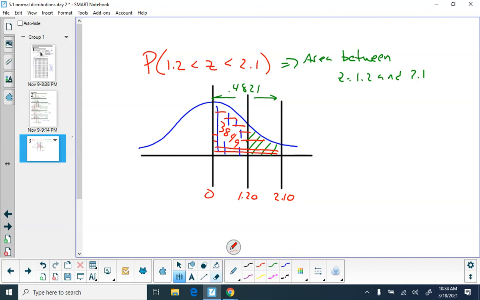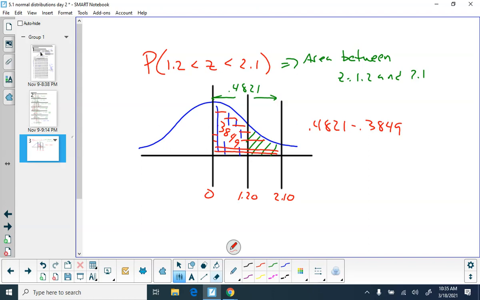What can I do with those two areas to give me just this area right here? Subtract them. So I have the 0.4821 minus the 0.3849. Once again, the hope is that the diagram gives you the visual that tells you what you have to do.